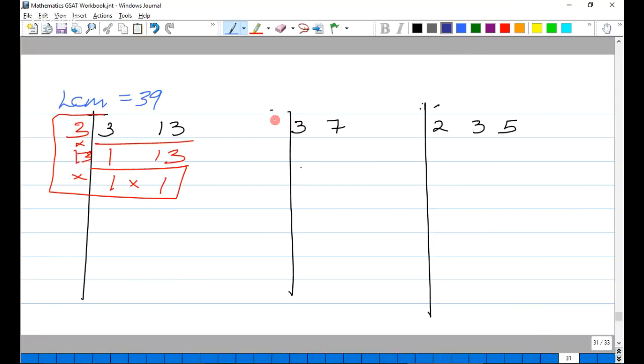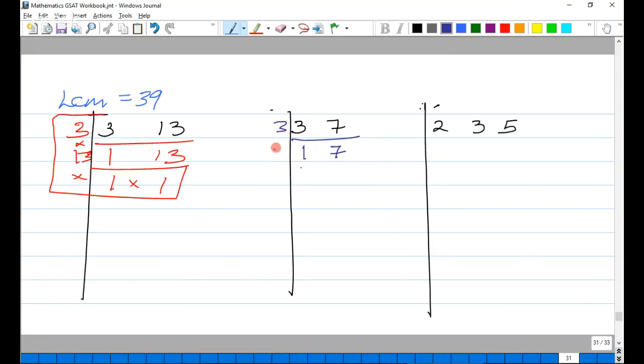Ready? Let's do this one. Can I use 2? No, sir. So go with 3 then. 3 into 3, 1. 3 into 7, it's 2, sir, but it's going to leave a remainder. So write 7. Can I use 5? 5 would be the next prime. No, sir.